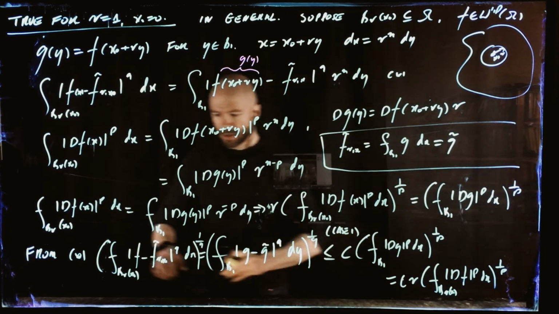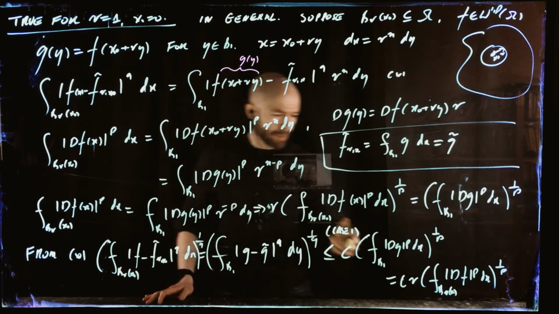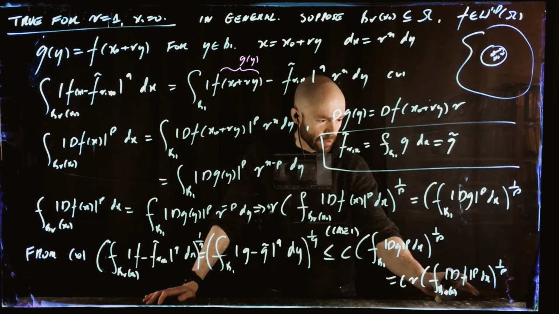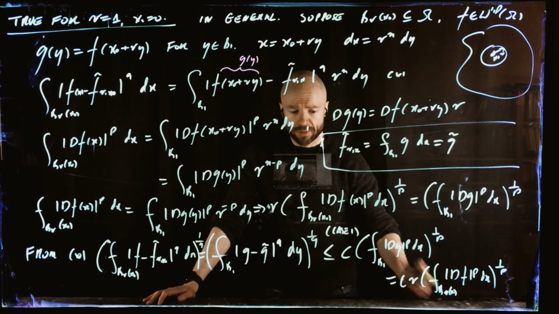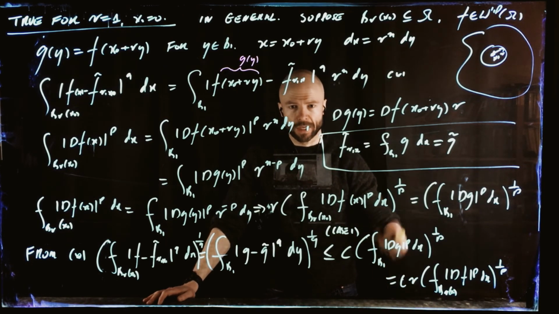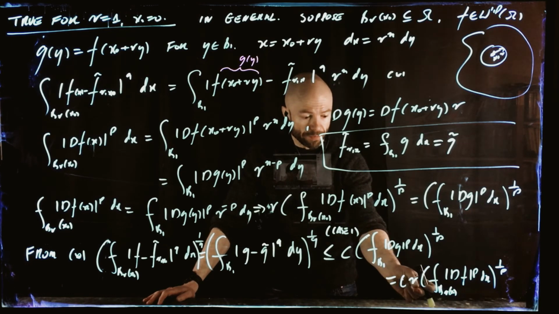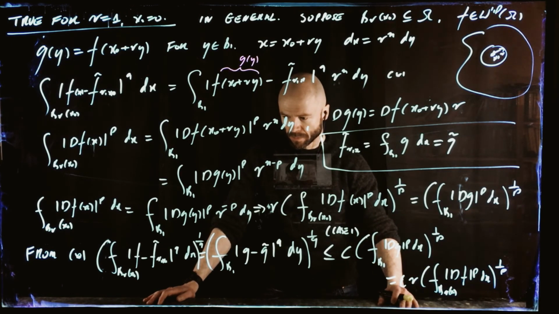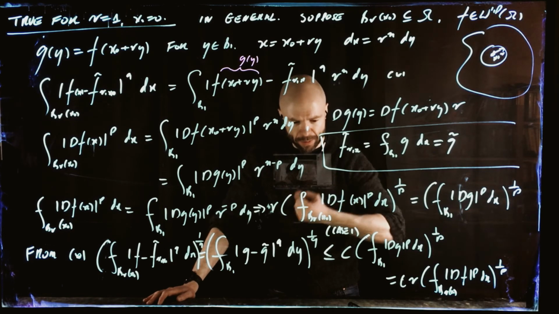We have controlled the average on a ball of radius r, x0 of this function by some absolute constant c times the radius of the ball, and then the average of the gradient to the power p, to the 1 over p. So this r power is just from scaling the ball. Nothing mysterious about it. And if you think about it, it's the natural exponent, because gradients control functions by the fundamental theorem of calculus in a line.